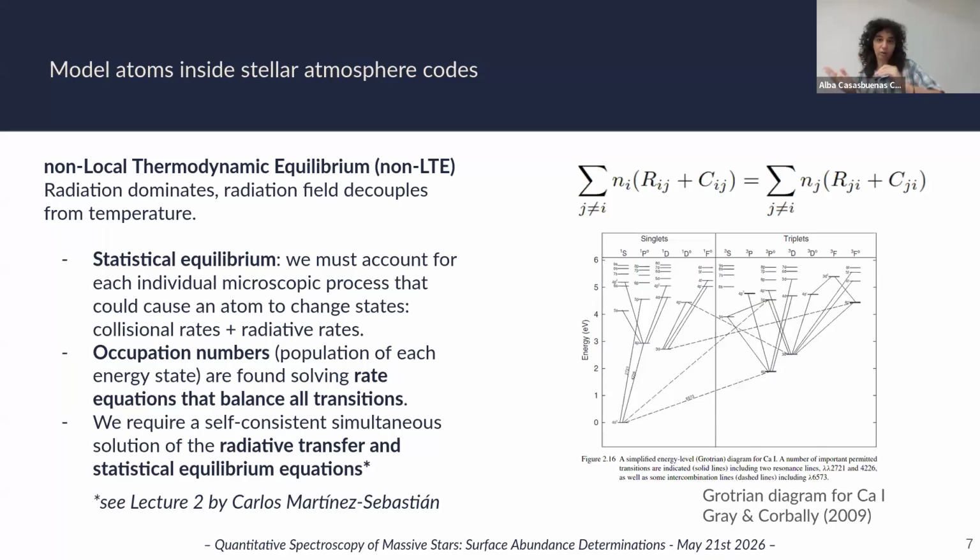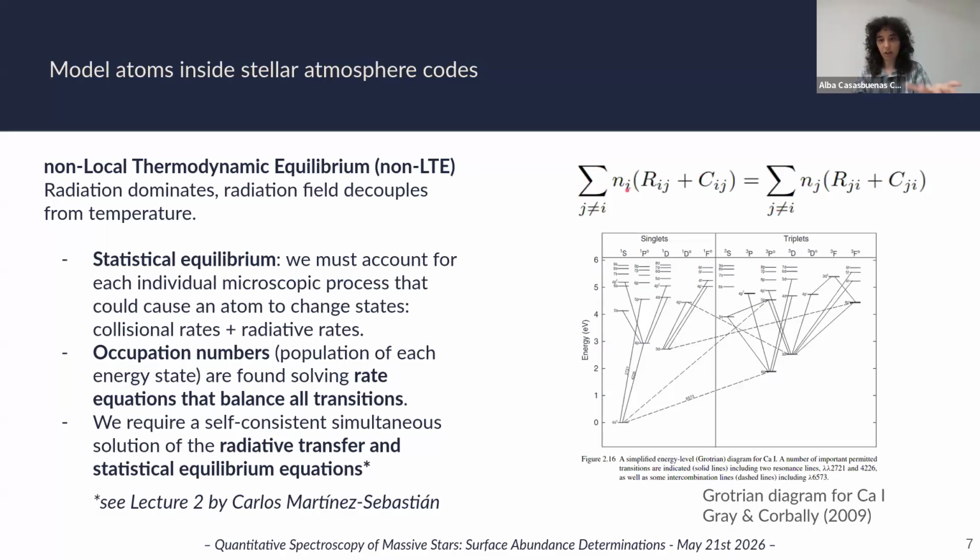So we need to take into account both the radiative rates and the collisional rates, radiative and collisional transitions. The occupation numbers of each energy state of the atoms are found by solving the rate equations that are balancing all of the transitions. And it is important that we have a self-consistent and simultaneous solution of both the radiative transfer and the statistical equilibrium equations. This was explained in more detail in lecture 2.